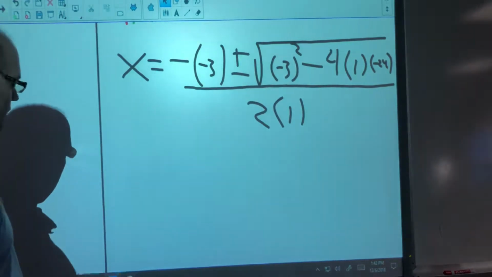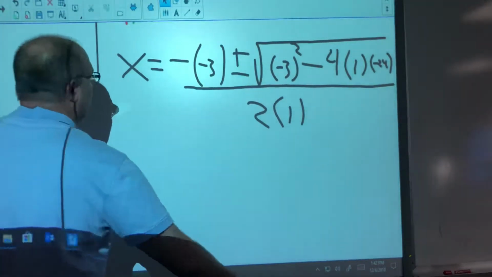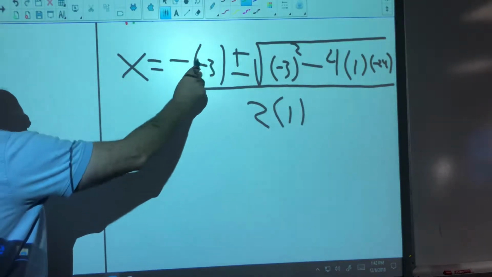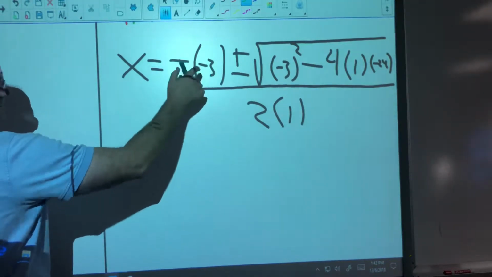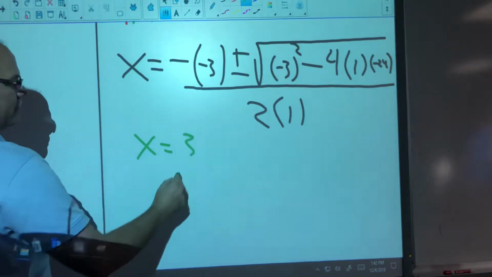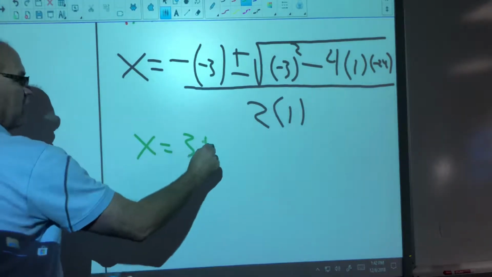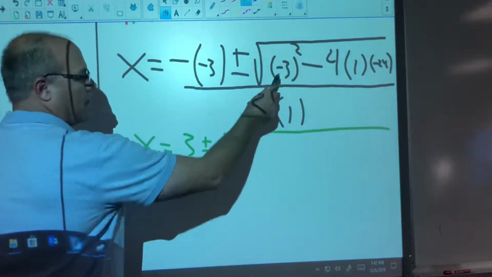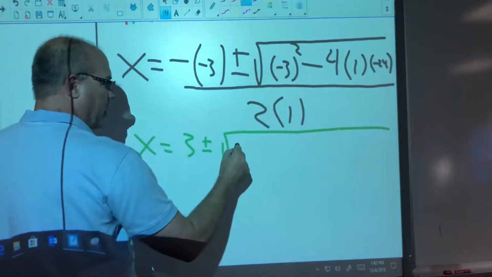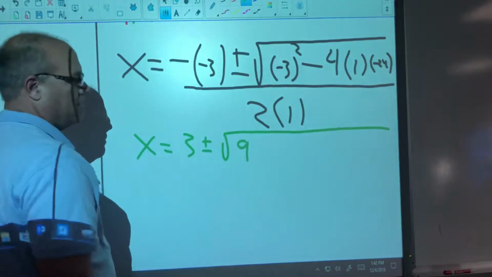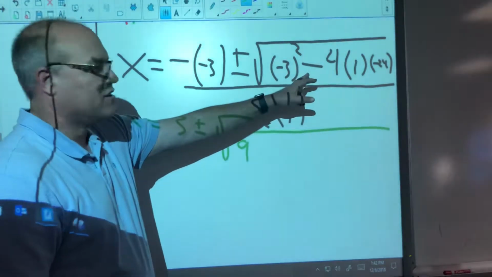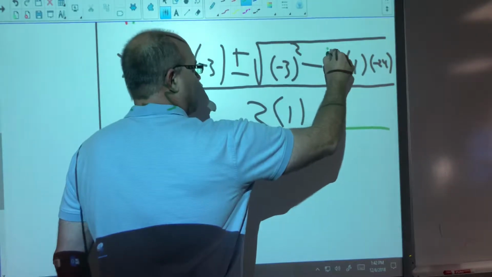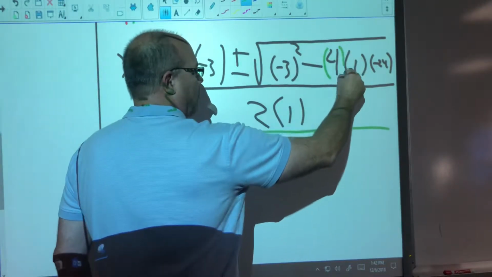All right, so let's do it. We're going to go x equals, I'll go ahead and multiply -1 times -3, or take the opposite of that. I'm going to get 3 plus minus square root. -3 squared is 9. Okay, this is a subtraction sign. All right, so if it helps you, you may want to just put parentheses around the 4 as well.